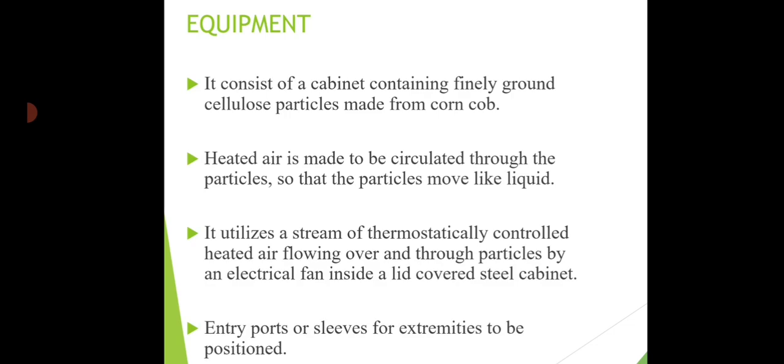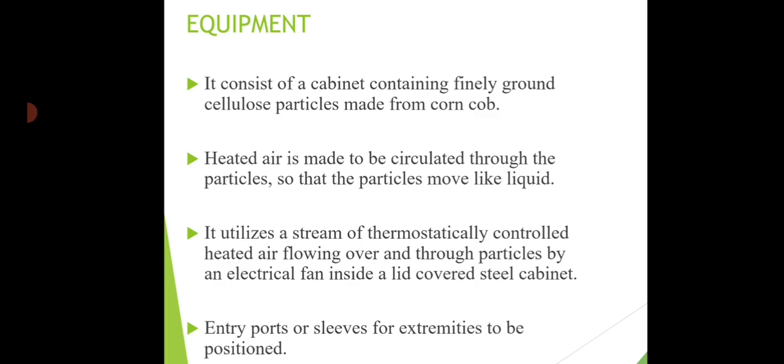The equipment required for fluidotherapy consists of a cabinet containing finely ground cellulose particles made from corn cob. Other particles are also used, but this is the most widely used particle. Heated air is made to circulate through the particles so that the particles move like a liquid.